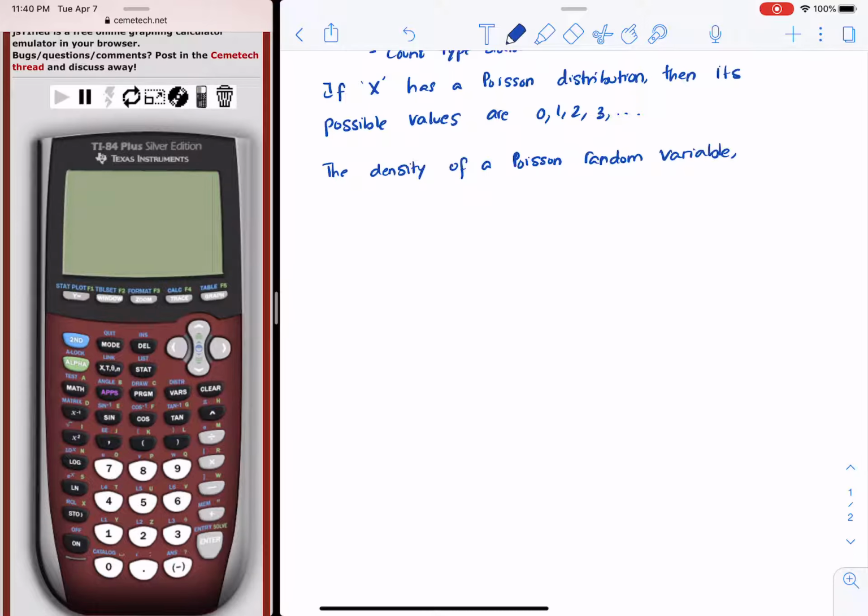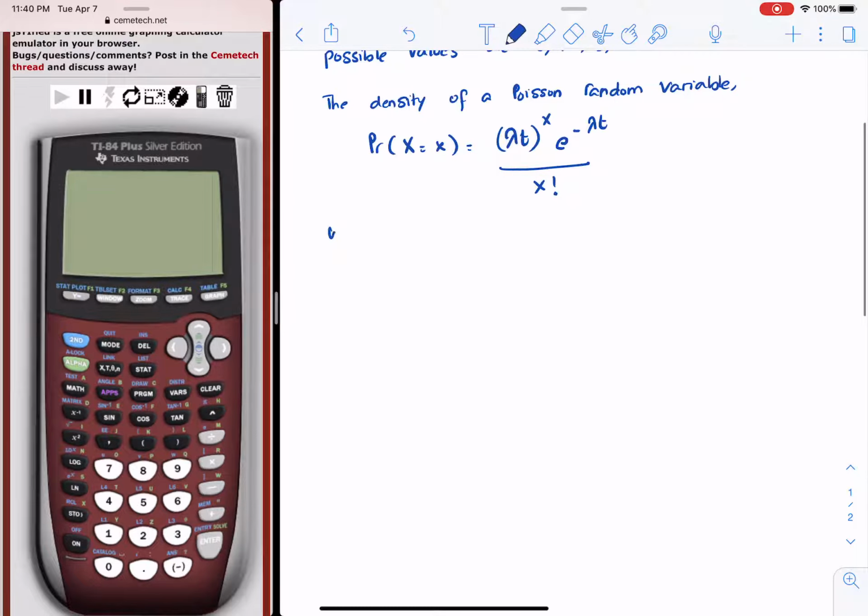of a Poisson random variable is: probability x is equal to some x is (lambda t) raised to x, e raised to negative lambda t, divided by x factorial, where lambda is called the parameter and t is a measure of time.